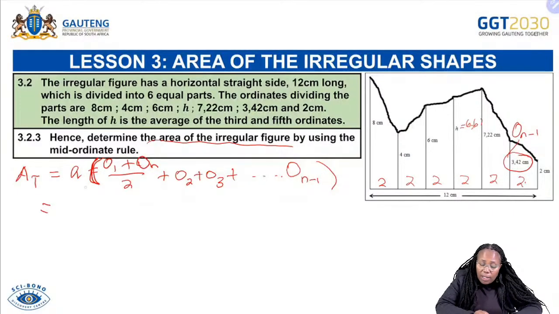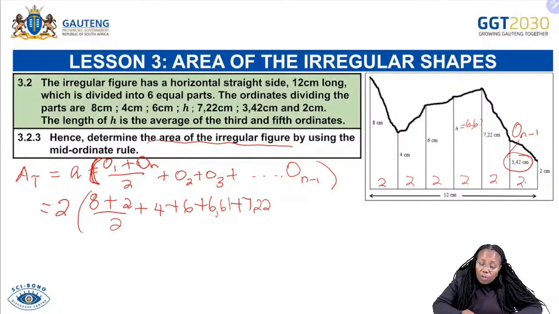And then now A is equal to 2 into ordinate 1, 8, plus the last ordinate 2 over 2, plus ordinate 2, 4, followed by 6, followed by 6,61, plus the 7,22, plus the one before the last one, which is 3,42.